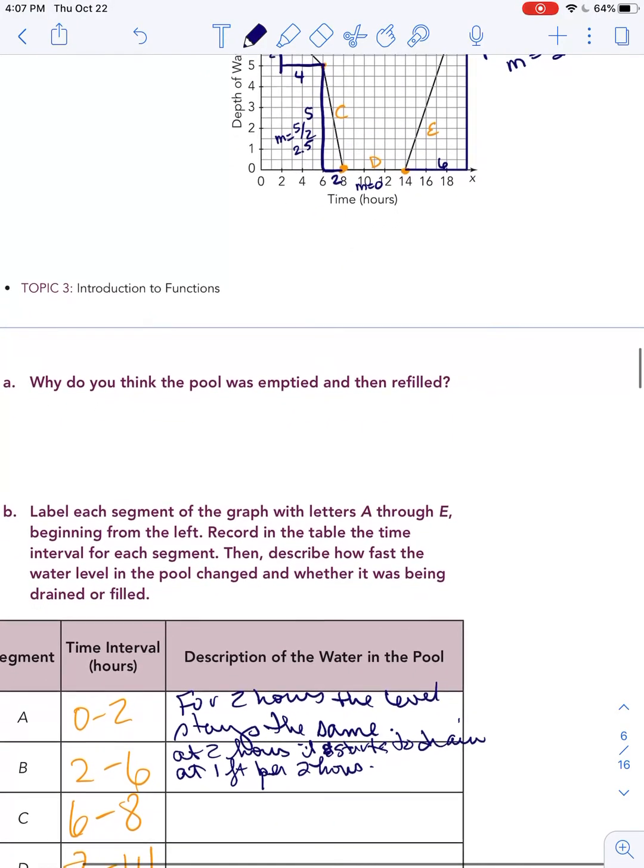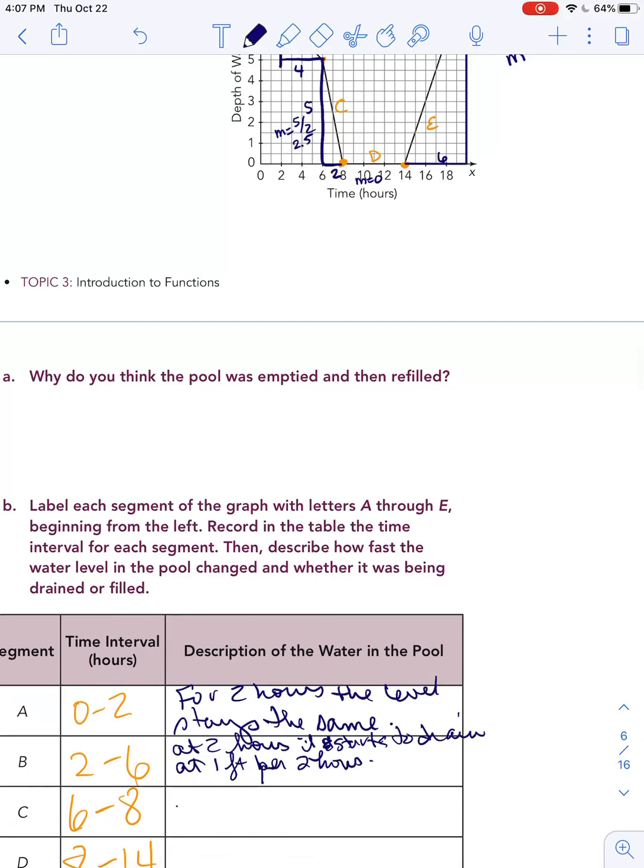And then from 6 to 8, at 6 hours, it drains at 5 feet per 2 hours.